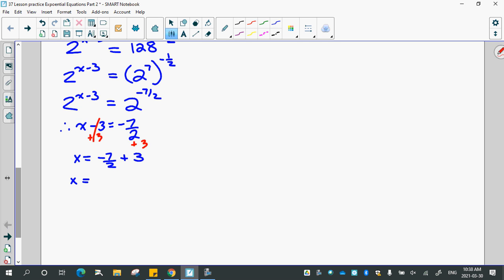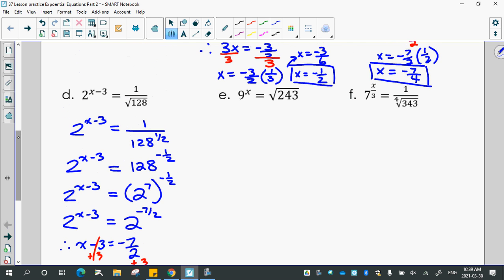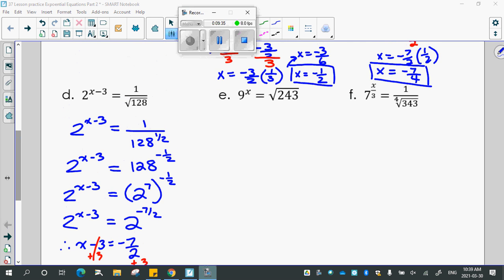My common denominator is going to be 2. So I would end up getting x to be negative 1/2. Okay? All right, awesome.